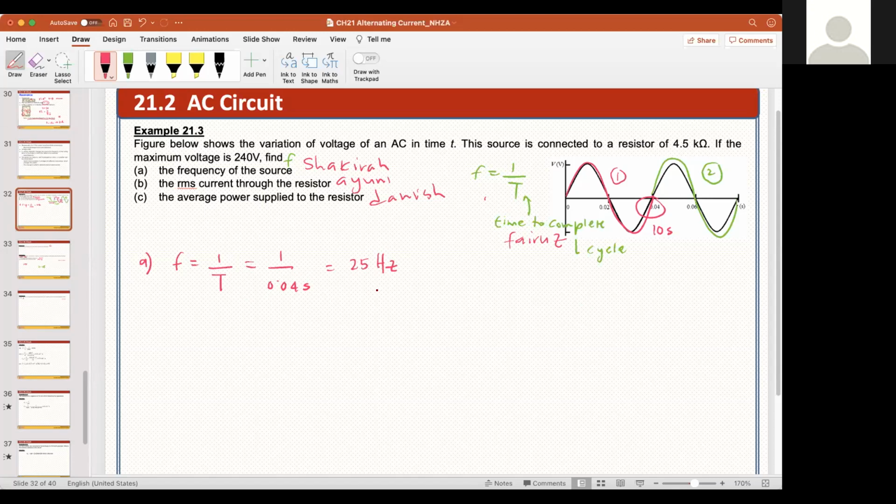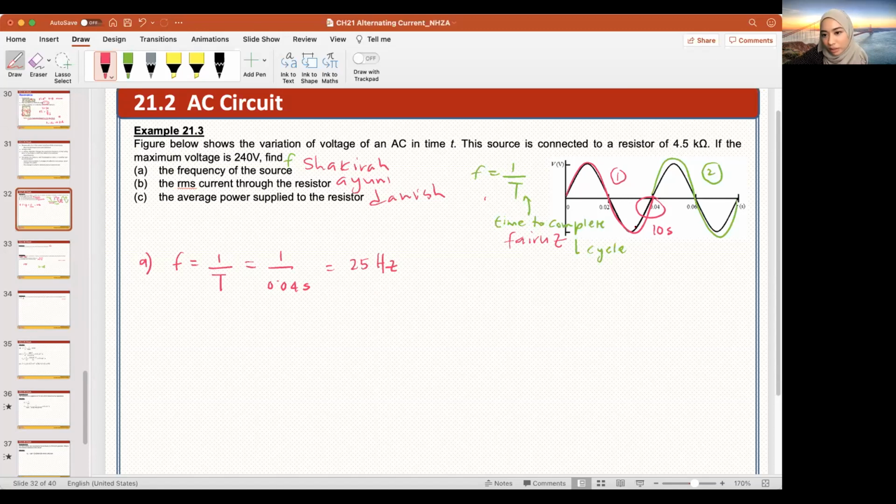Berubah. Okay, berubah sebab? Sebab nilai dia tak sama. Okay, betul lah. Sebab bila saya tukar the time to complete one cycle, I am changing the frequency, which is nilai dia berubah lah. Betul lah cakap Shakira.